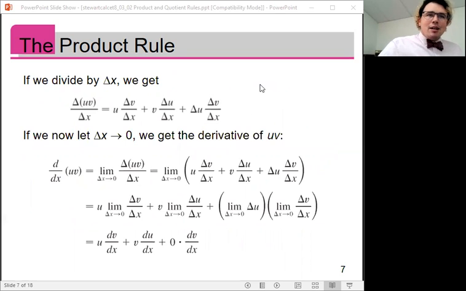And I've grouped here into three different fractions. My difference quotient should be delta of u times v divided by delta x. This is going to be the same as u times the difference quotient delta v on delta x plus v times the difference quotient delta u on delta x plus delta u times the difference quotient delta v on delta x.